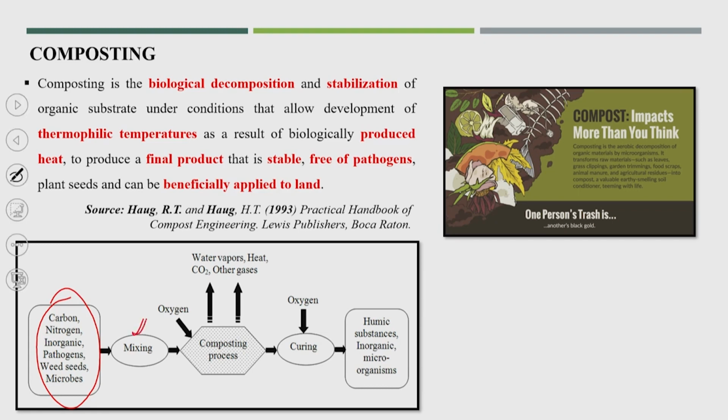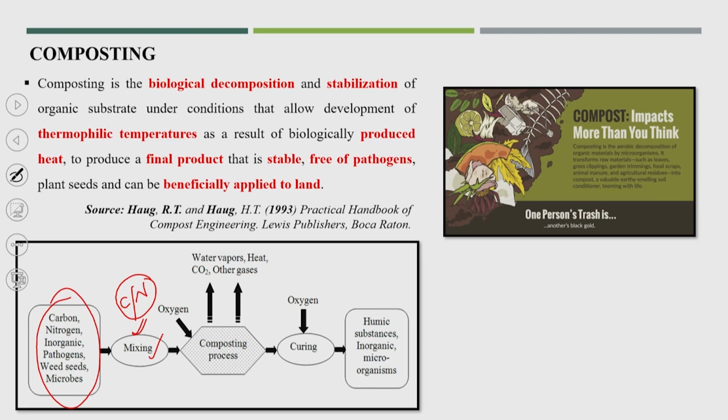This mixing is nothing but the proper carbon and nitrogen ratio. This is very important for the degradation process. Not only mixing, but even the size is very important for degradation.